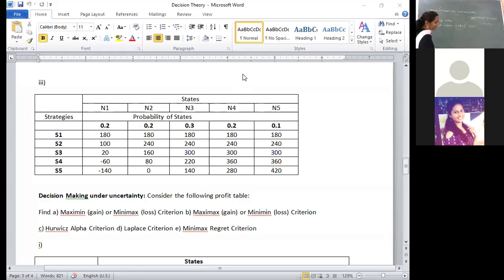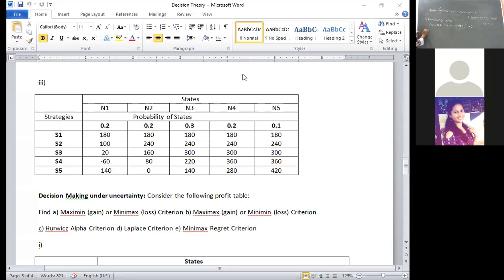If you want to take the risk factor as 70%, that is 0.7, then 1 minus alpha will become 30%. If you want 80, 20, or 90, 10, that is up to you. In 99% of the cases, they will give the alpha value in the final examination.